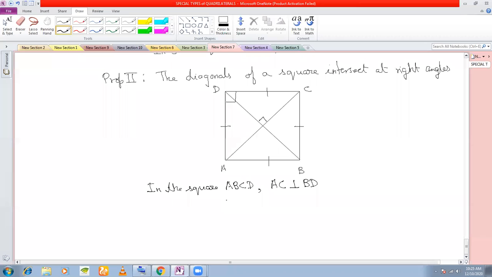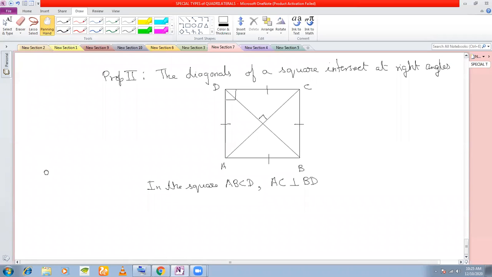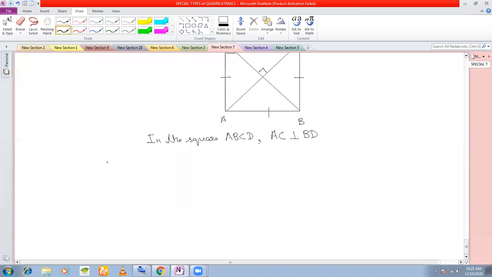Another property of a square is very similar to that of rhombus. The next property, property number 3. Again, property 2 and property 3 are very similar to your rhombus.